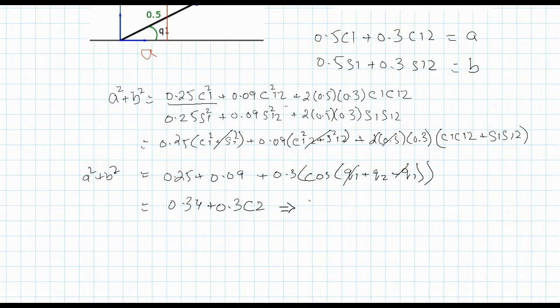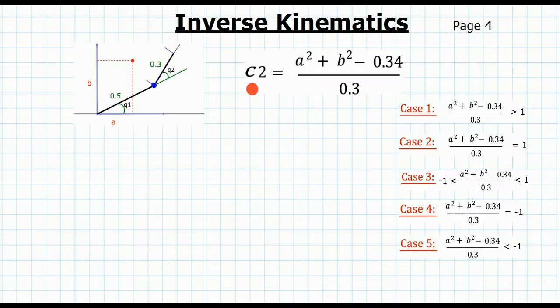Solving for cosine of q2, we get c2 is equal to a squared plus b squared minus 0.34 divided by 0.3. So cosine of q2 is equal to a squared plus b squared minus 0.34 divided by 0.3.